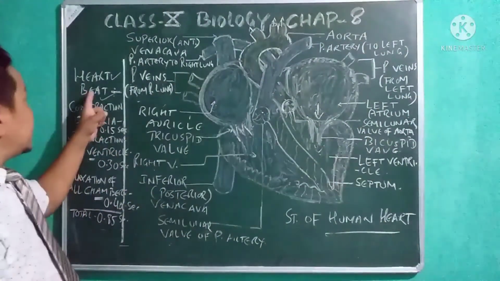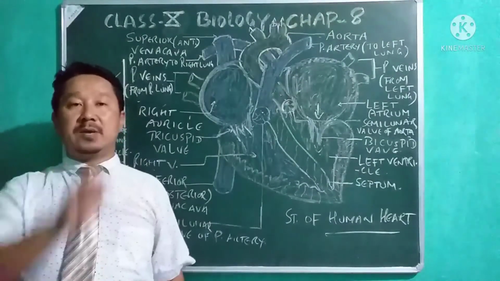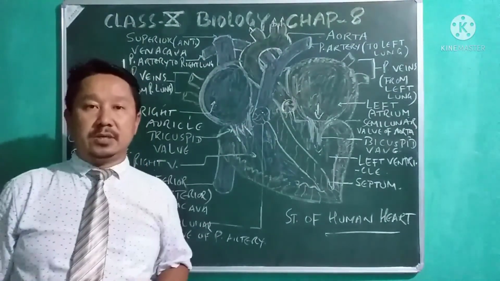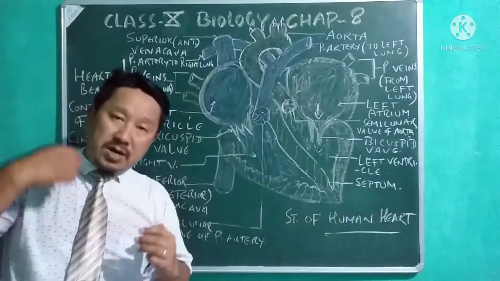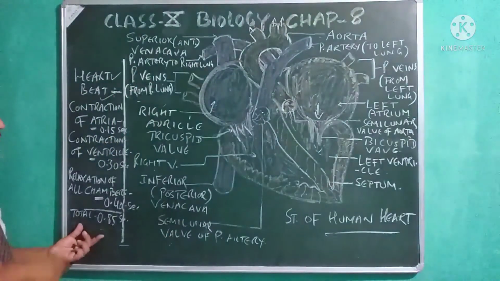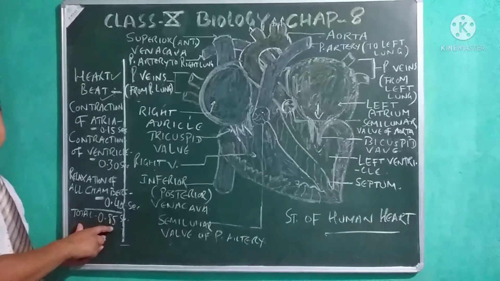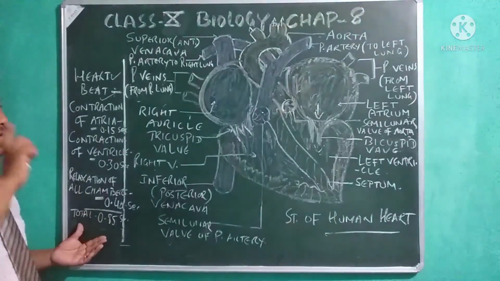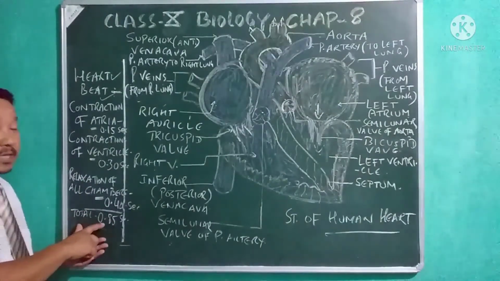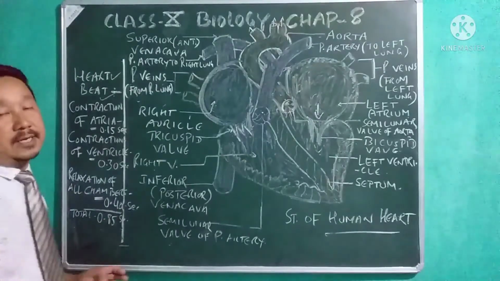That means to complete one heartbeat, it requires 0.85 second. Each heartbeat takes place in 0.85 second.